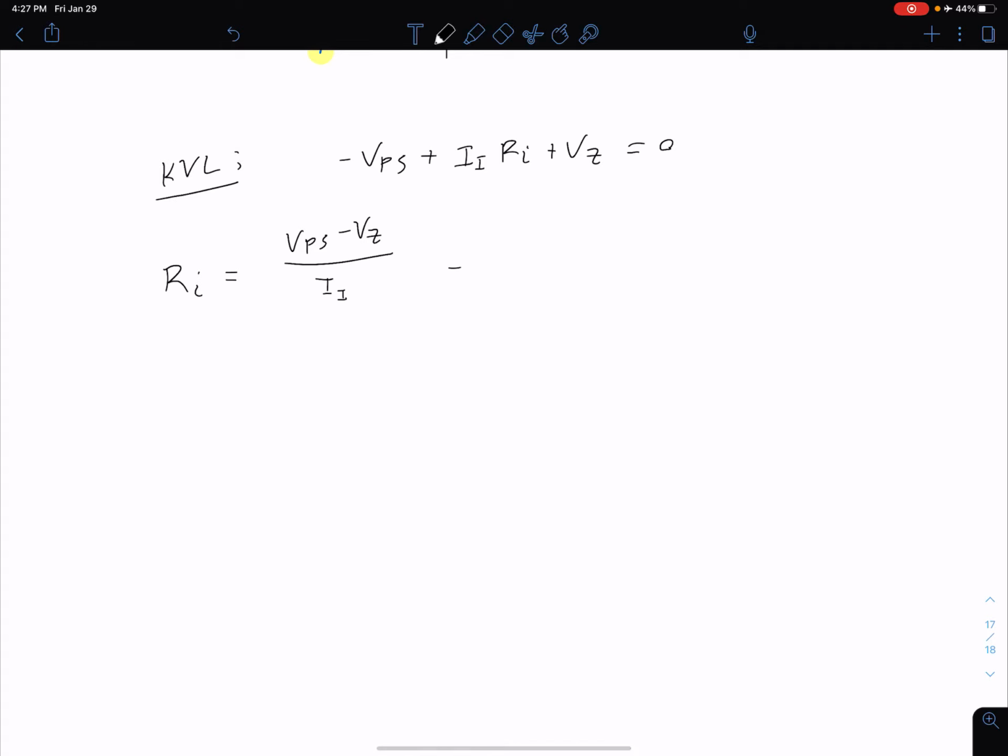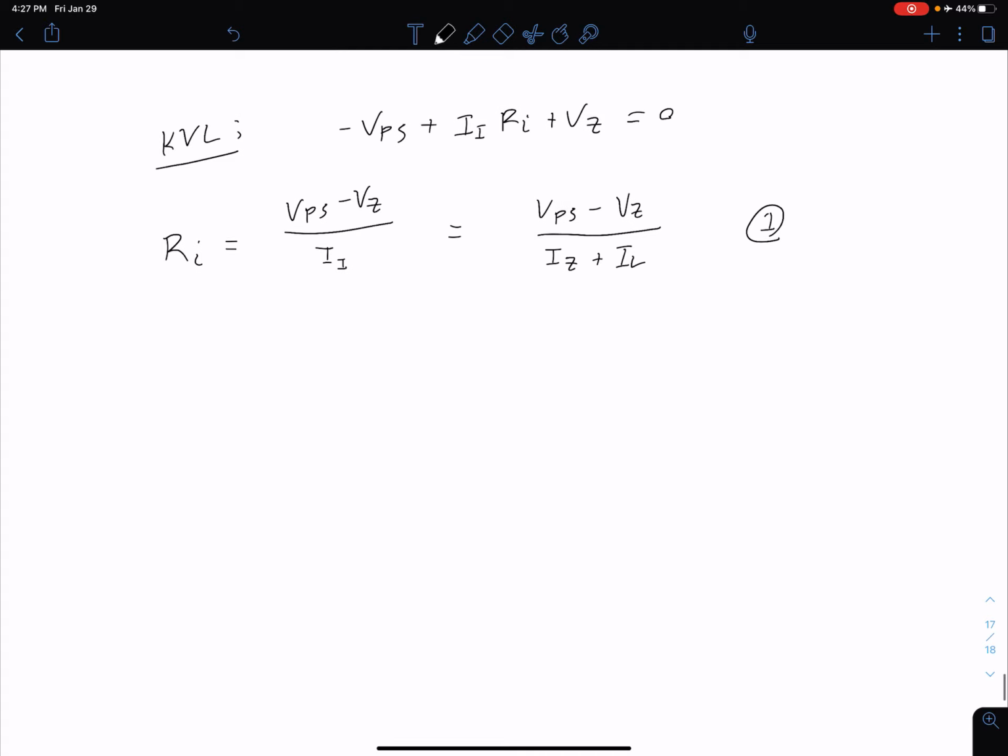And now if we use that KCL relationship, we can rewrite that as VPS minus VZ divided by I sub Z plus I sub L. Let's call this, to be consistent with the notes, equation 1. These equations are going to look a little random as far as why I'm doing certain things, but basically we're building up to an equation that we can use in this type of Zener diode circuit.